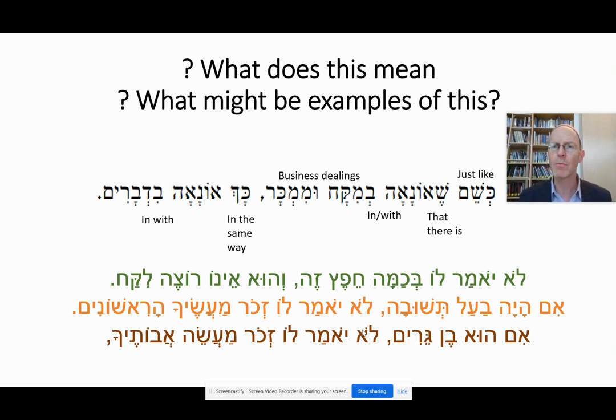You're not allowed to remind them of their past in some way. Why is that, by the way? Why would that be ona'ah? Why would reminding someone of their past in both example number 2 and 3 be considered ona'ah? And that's really where we got to today.